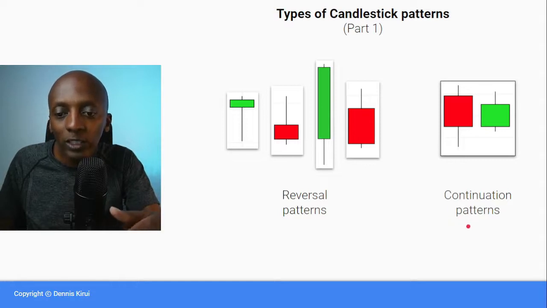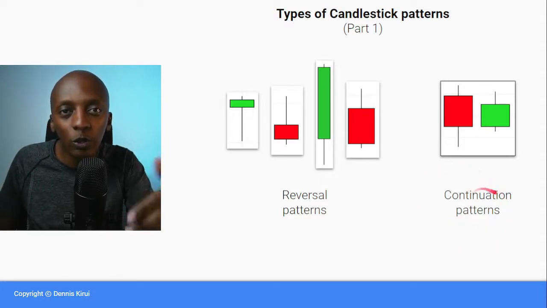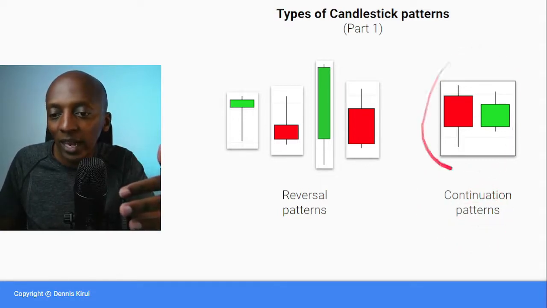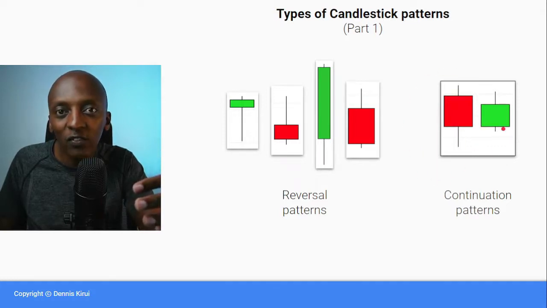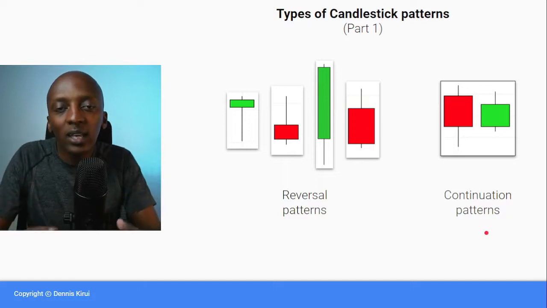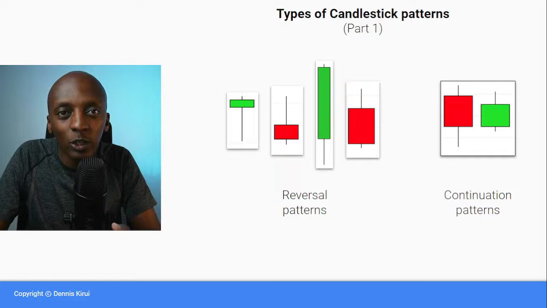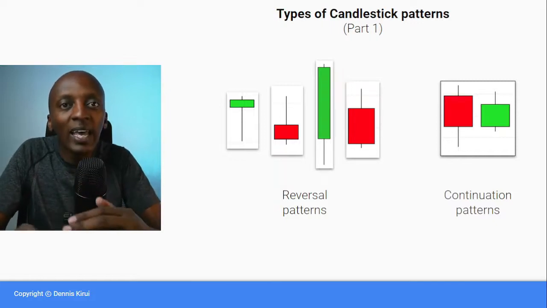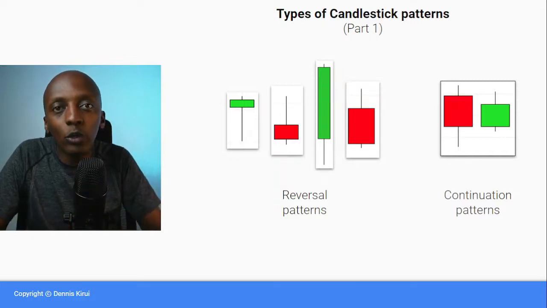The other form of candlestick patterns are called continuation patterns. Just as they are named, like this is one pattern. It's not that each candle represents a different pattern. This is one combined pattern that is usually called an inside bar. A continuation pattern usually indicates that there is a likelihood that the current trend is going to continue, that the market has paused for a while and is likely to continue on.